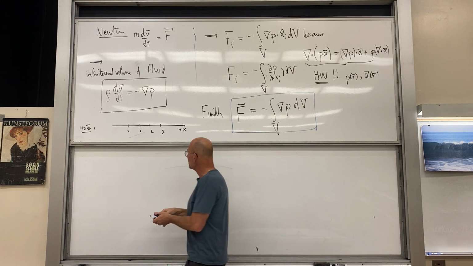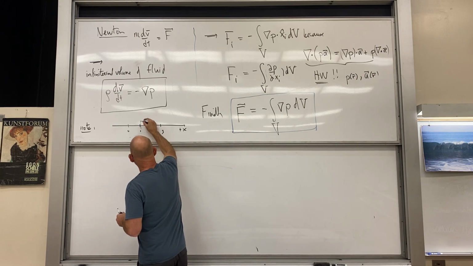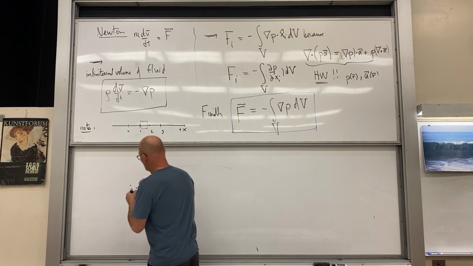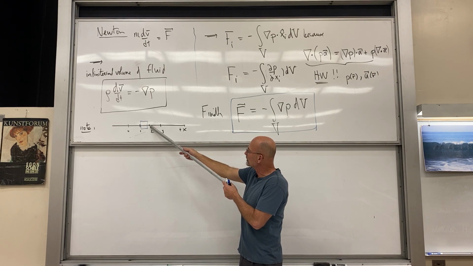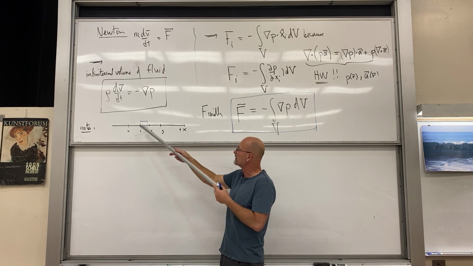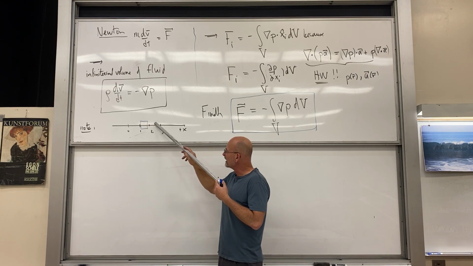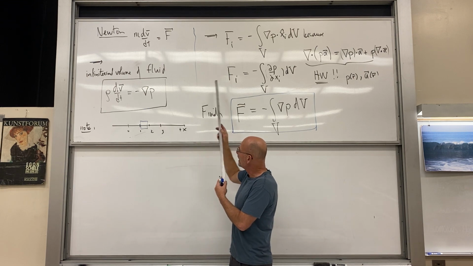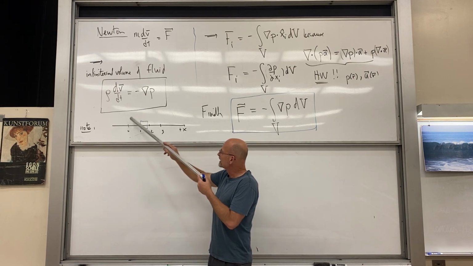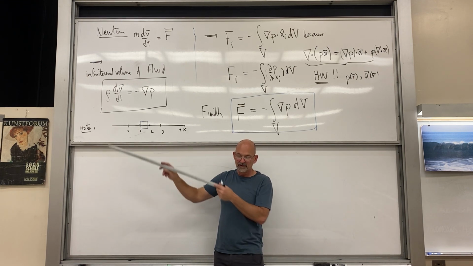So if you have a little object here, and the gradient is positive, then the pressure is greater on the right side than it is on the left side. It is being pushed to the left. So the gradient is positive, but the acceleration is to the left.